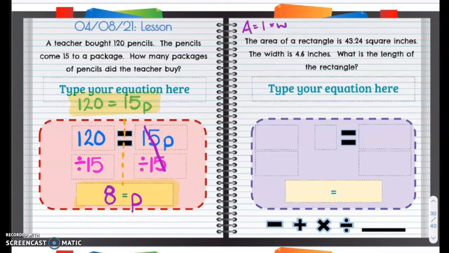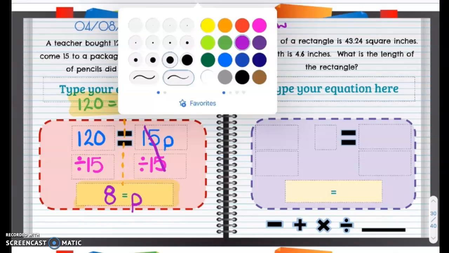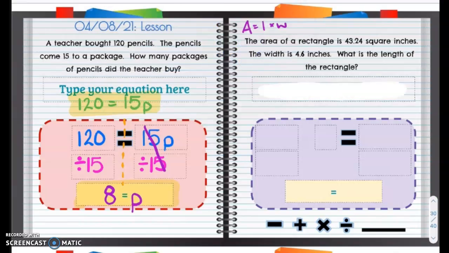The area is 43.24 square inches. The width is 4 6/10 inches. What is the length of the rectangle? So we know the area is 43 and 24 hundredths inches squared.